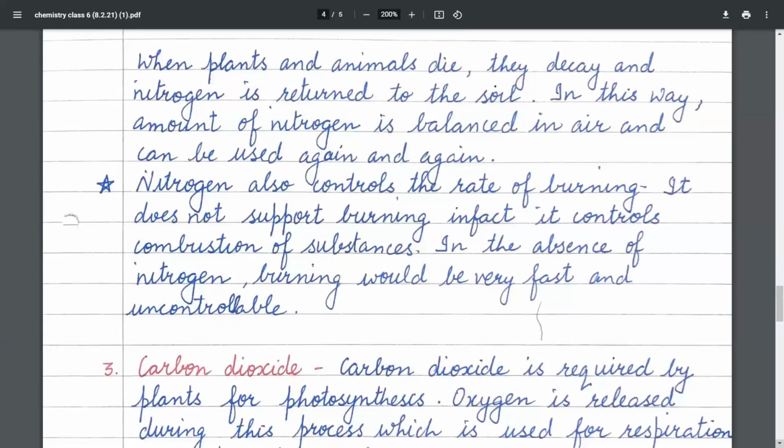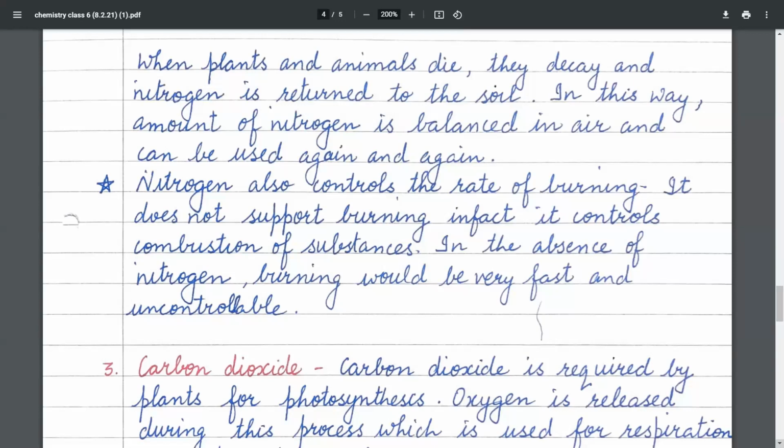When plants and animals die, they decay and nitrogen is returned to the soil. In this way, the amount of nitrogen is balanced in air and can be used again and again.